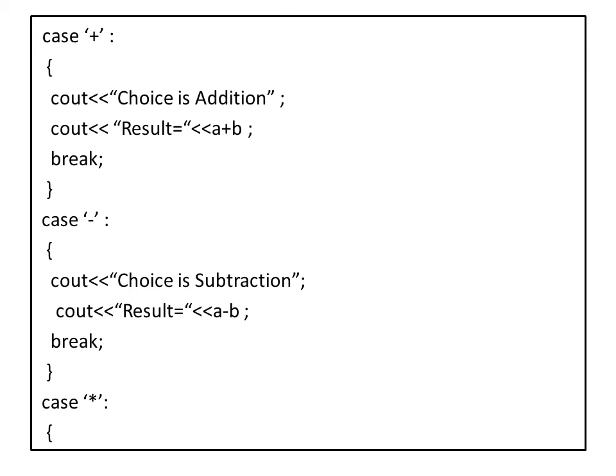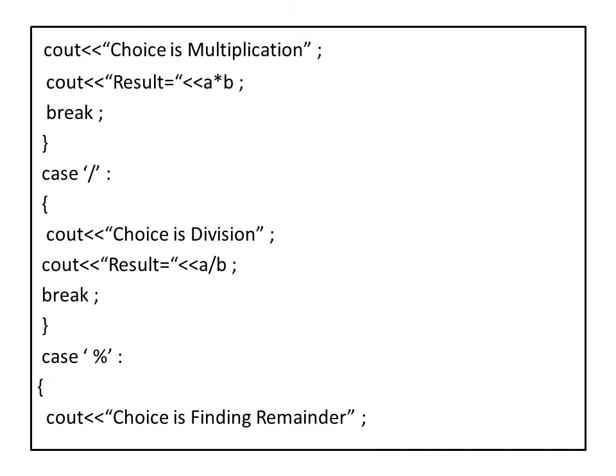And case asterisk, choice is multiplication, result will be a star b, and choice is division. If we have inputted the division sign, the result will be a slash b. And if we have entered the modulus sign, choice is finding a remainder.